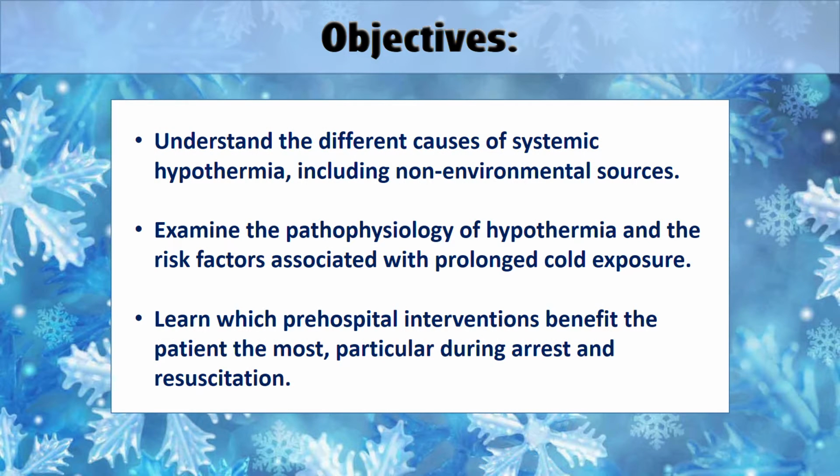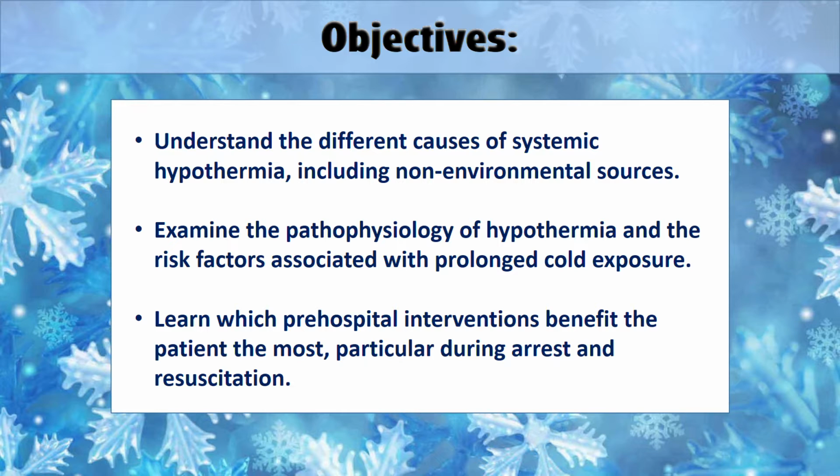Some of the things we want to talk about tonight: we want to understand the different causes of systemic hypothermia. We think it's just cold weather, but it's not just cold weather. There are a lot of different causes of hypothermia, so we need to make sure we're including these non-environmental sources, and the things we can do to prevent it and provide better care for our patients.